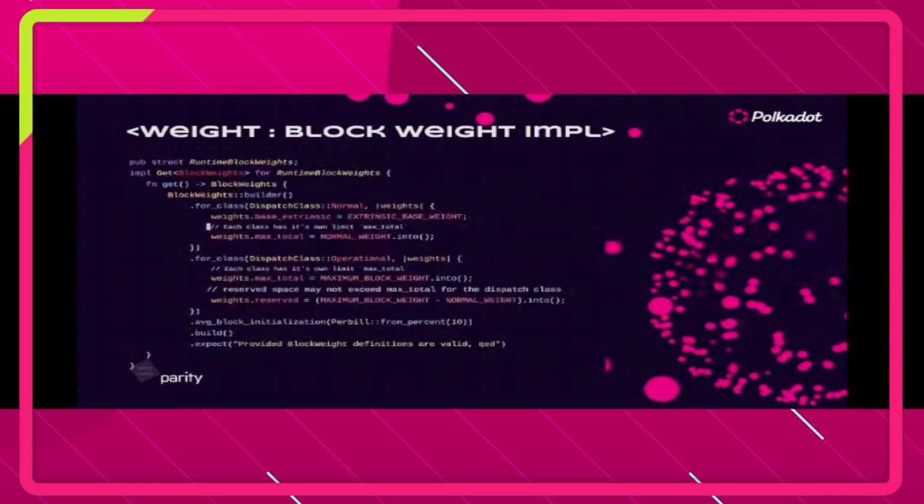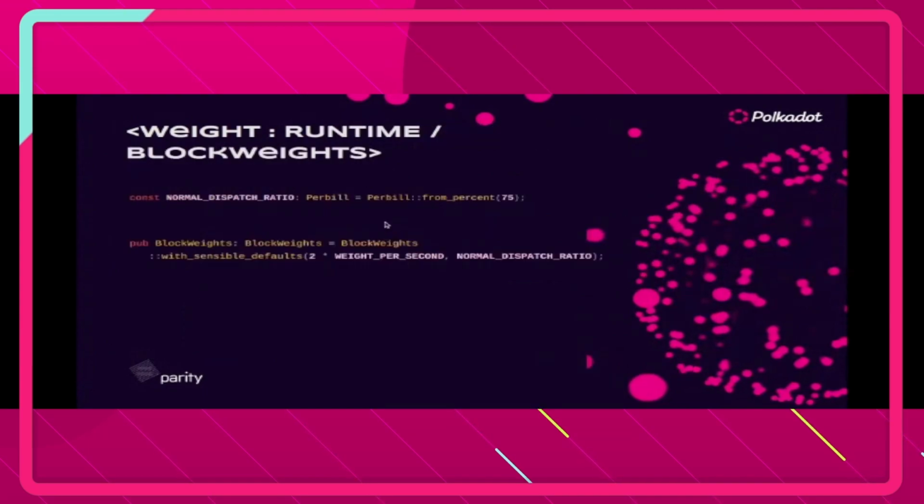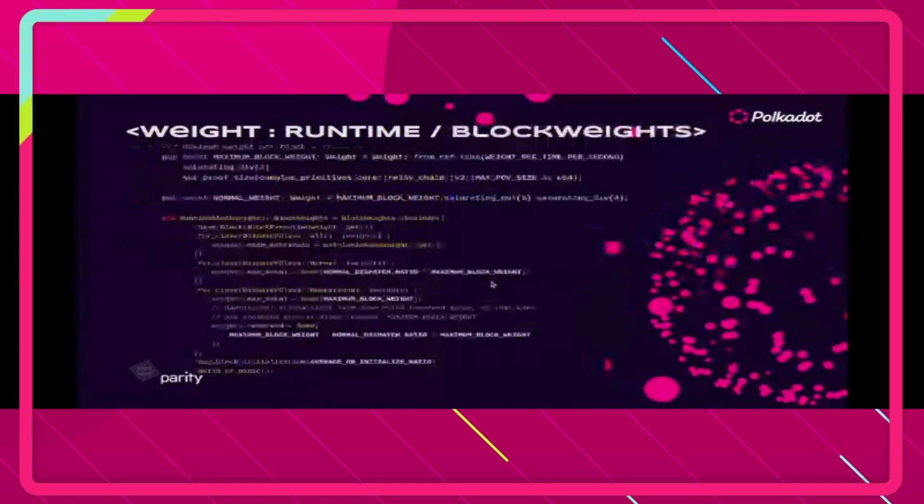It takes care of what your base extrinsic weight will be. Everything. It gives you sensible defaults, as the name suggests. You only have to provide your target block time, which is 2 seconds in this case, and your normal dispatch ratio, which is 75%. So it's 3/4 of 2 seconds.